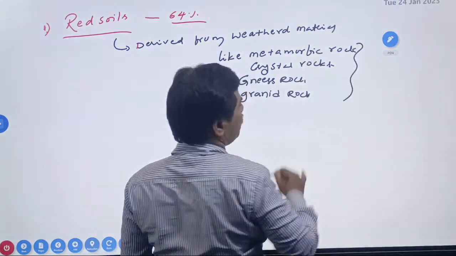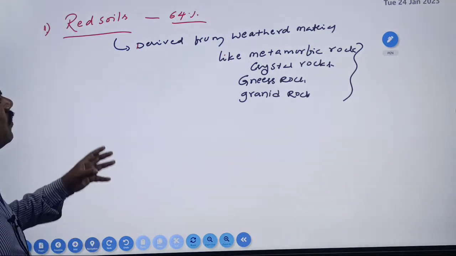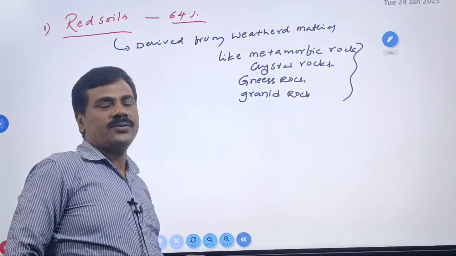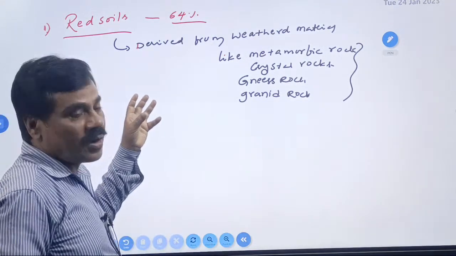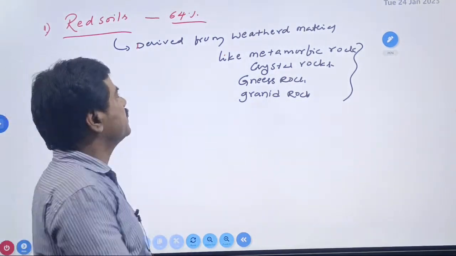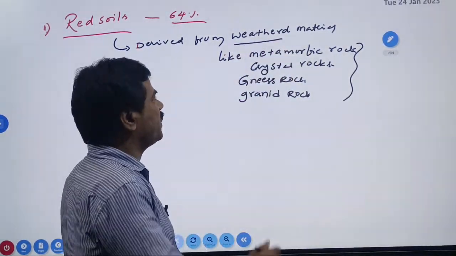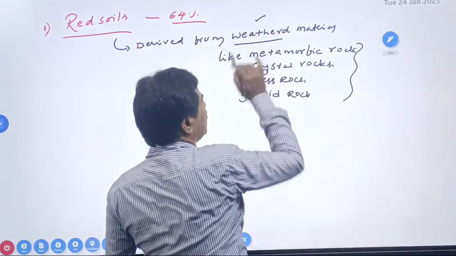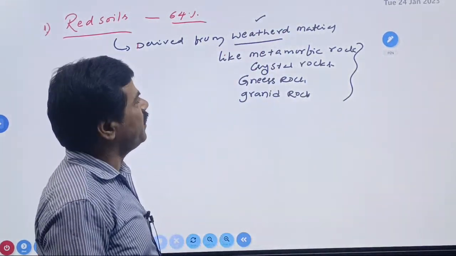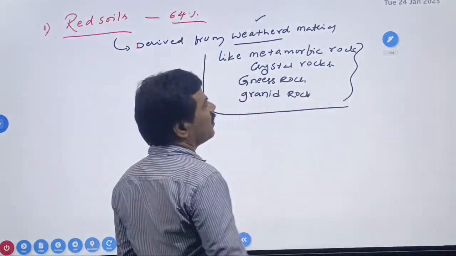These four types of rocks are broken down by outer forces. This is the rock erosion process by weathering, and the weathered rock supplies the soil material.